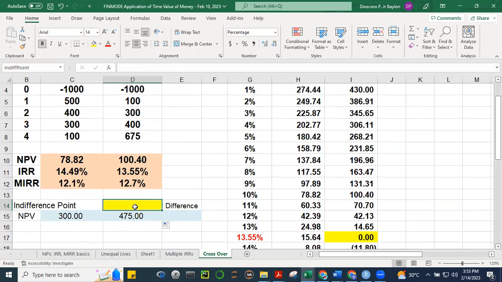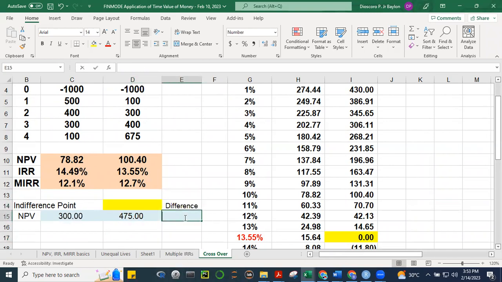Gusto natin malaman kung anong rate of return, anong WACC dapat nito para equal lang silang dalawa. Right? If this was, let's say, 3%, hindi equal no? Yung indifference point natin, as the name suggests, dapat equal yung NPV nila. So what do we do? Delete muna natin yan.